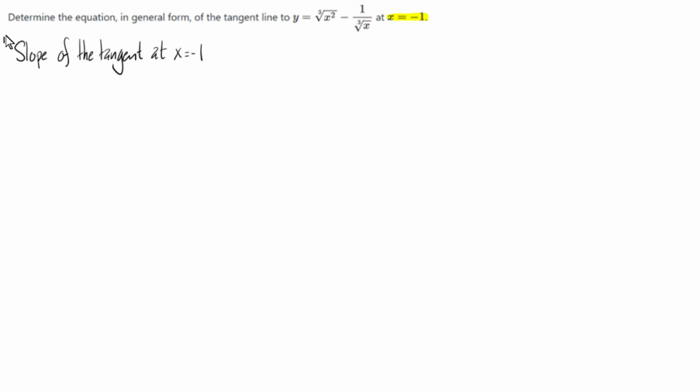So that's step number 1. Step number 2 is going to be to determine the y-coordinate at x equals negative 1. And then finally, the third step is to determine the equation of the tangent line.